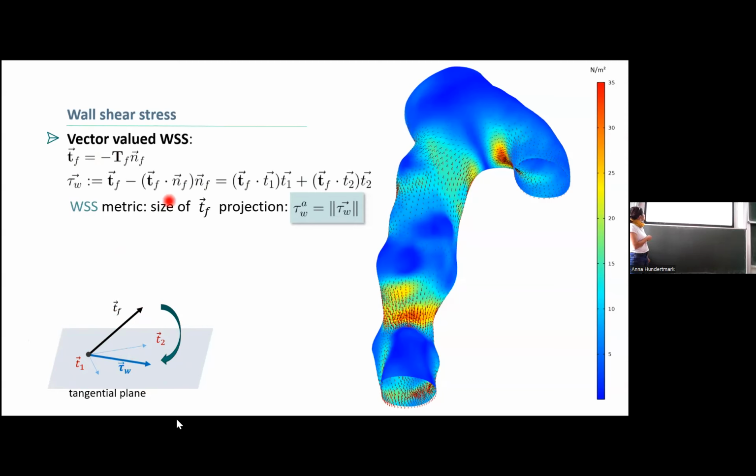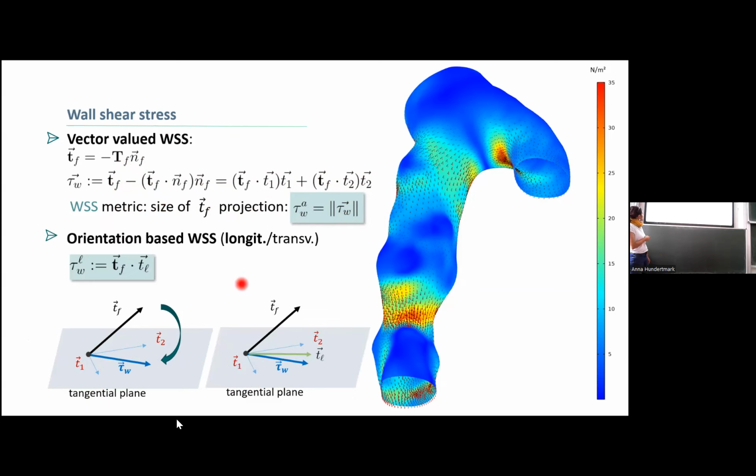So you subtract the normal component of the vector T, or you project it in some basis vector. So if you have T2 and T1 basis vectors, which span the tangential plane, you can write it like this. And normally the wall shear stress metric is considered as the norm of this vector.